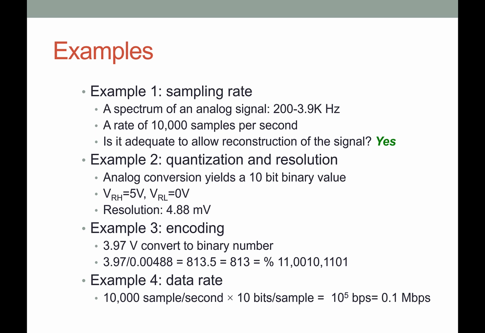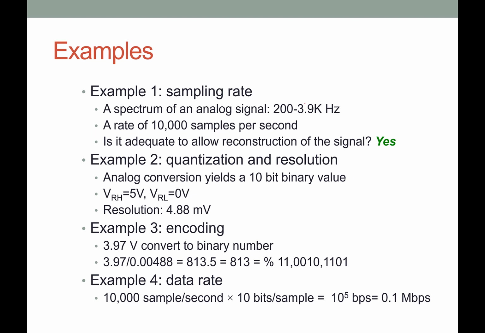Okay, so this is just giving a few examples and talking about what might happen. It says the spectrum of an analog signal is 200 to 3.9 kilohertz, with a rate of 10,000 samples per second. And you say, okay, is this adequate to allow reconstruction?